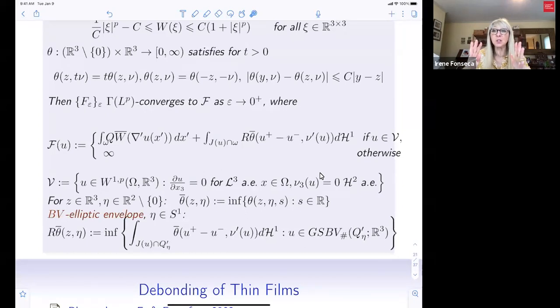You just start with surface energy, you end with surface energy. So it's a parallel to what we know in the classical calculus of variations, where you start with bulk energies, you relax, and you get the quasi-convex envelope. They've done the same thing. If now you just start with surface energies and end with surface energies, what is the envelope? The envelope is called the BV elliptic envelope, the equivalent of that, surface to surface.